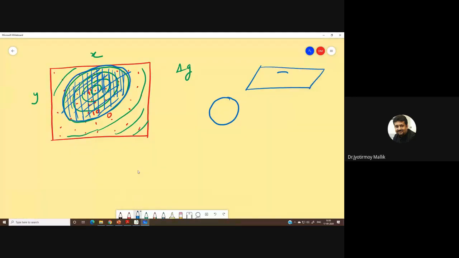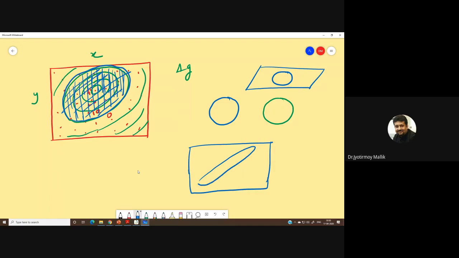I'm not 100% sure, but perhaps it is spherical. Now, if the shape of this anomaly is like this, this is my area, and I see the shape of my anomaly is like this.